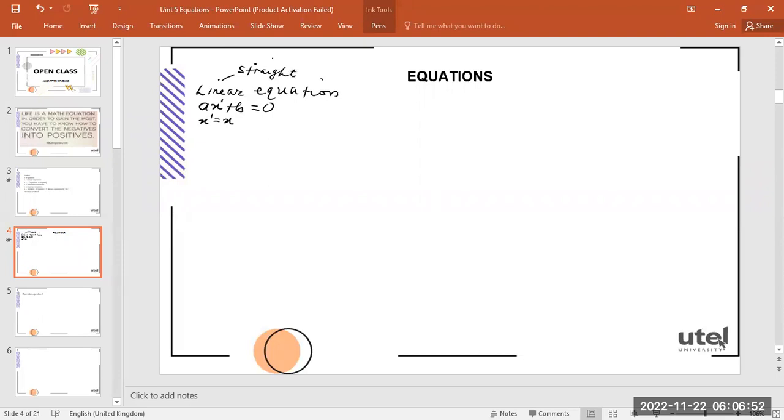If you plot the graph of a linear equation, in most cases, you get a straight line, where this is your y-axis and this is your x-axis. But today, like I said, we shall be talking about the quadratic equation.